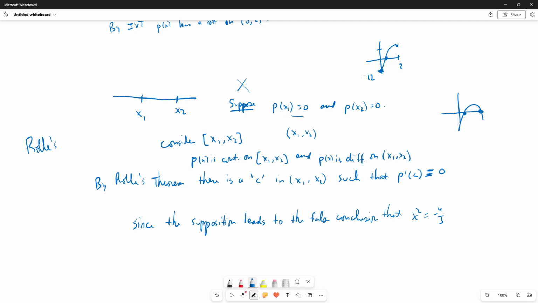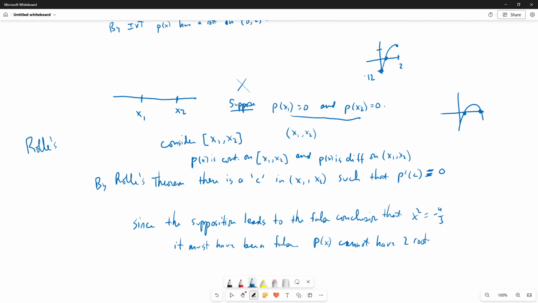Assuming that we have two roots leads us to this false conclusion, so this supposition must be false. Since the supposition itself leads to a false conclusion, it must have been false. And therefore we cannot have two roots. So P of x cannot have two roots.